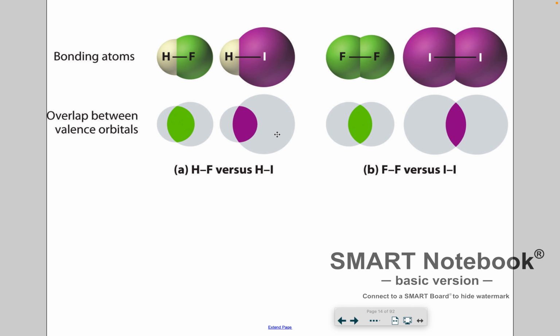Okay, so this was a comparison between polar covalent and nonpolar. Here you can see that the overlapping spheres, circles, are the same. Over here you can see one is hanging out with that electron more.